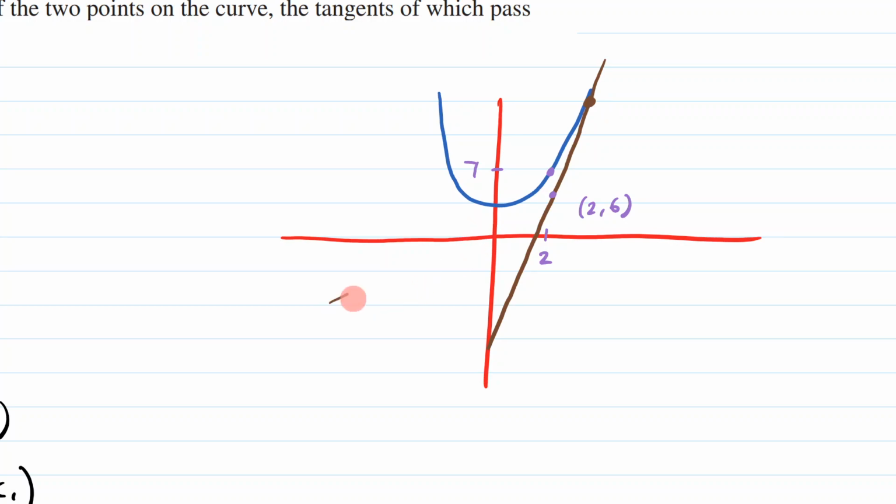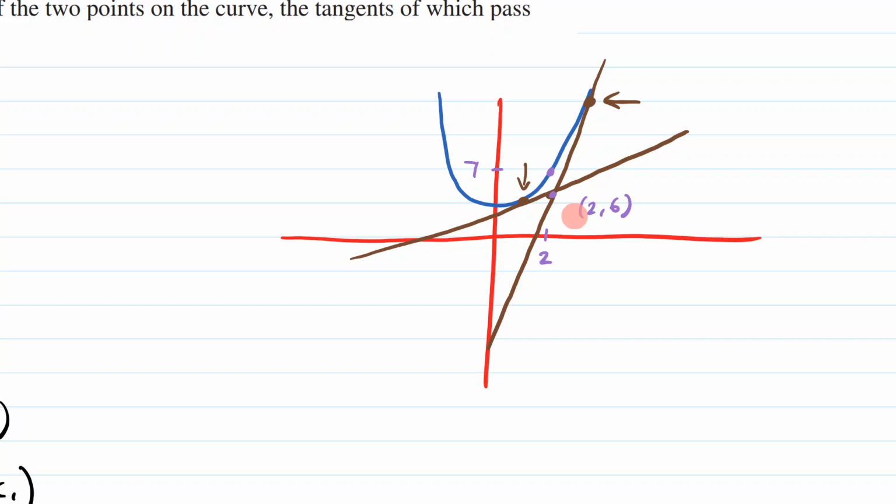And I'll probably have another one that needs to be tangent to it and pass through that point, so one here as well. This does not have to be pretty. It's just helping us visualize what's going on. I'm after that coordinate and that coordinate, the points at which my tangent passes through (2, 6).